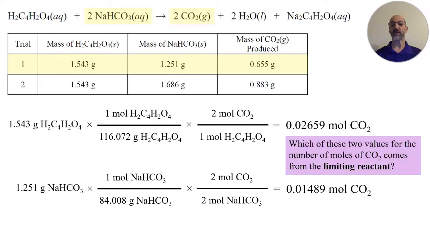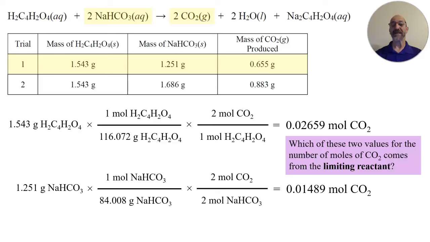Which of these two values for the number of moles of CO2 comes from the limiting reactant? As I mentioned, it's important to realize that the limiting reactant is the one that produces the smaller amount of product.